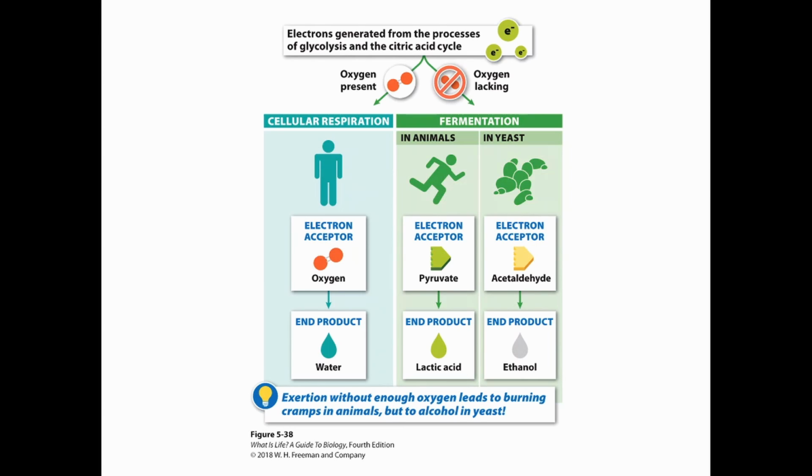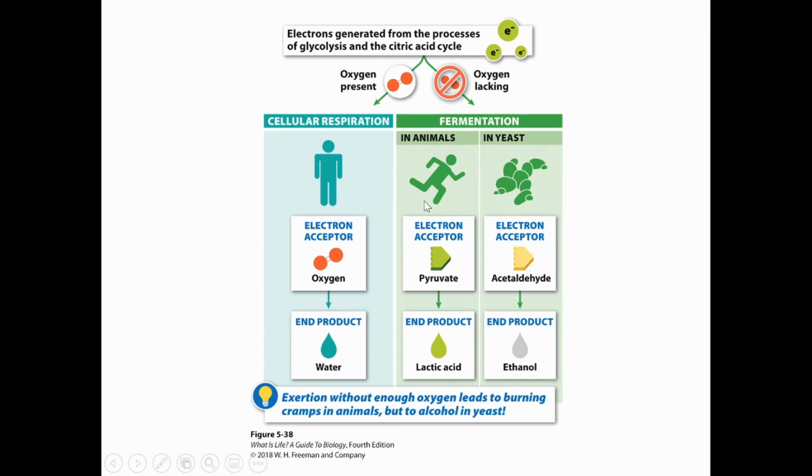So let's go ahead and look at how that works. If oxygen is present, we can go through cellular respiration as normal. Our final electron acceptor is oxygen. That's why it's needed. And our end product is water, as well as carbon dioxide. When we have no oxygen or not enough oxygen available, we go to fermentation.